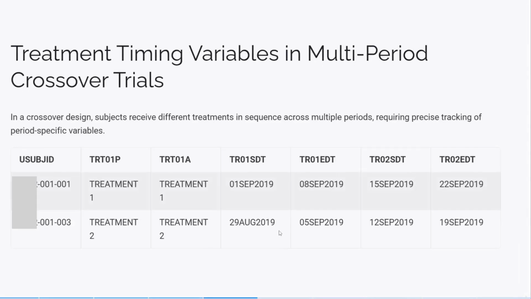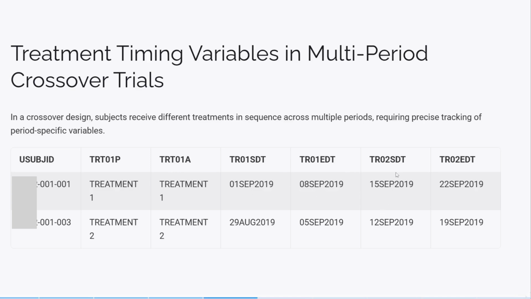So, the treatment timing variables in a crossover trial. In a crossover design, subjects receive different treatments in sequence across multiple periods, requiring precise tracking of period-specific variables. You see here treatment 1 has been given, both planned and actual. The start date is in 2019 and the end date is almost 1 week after the treatment started.